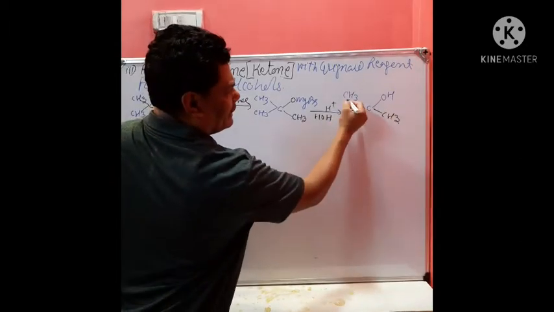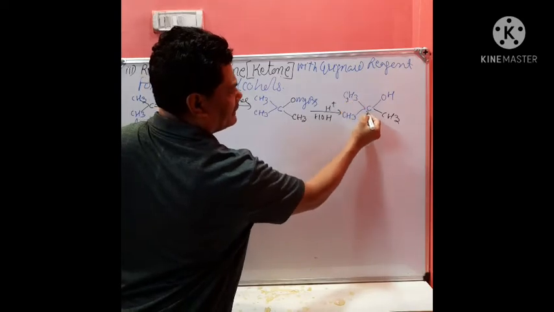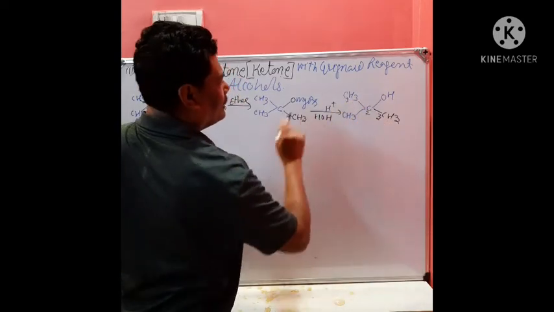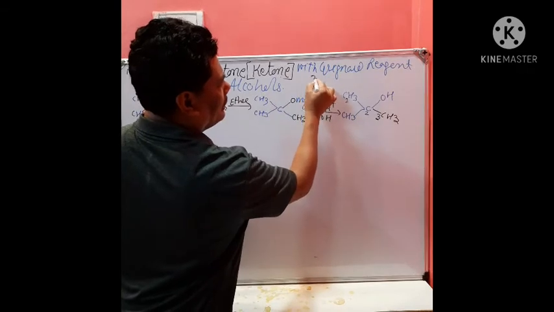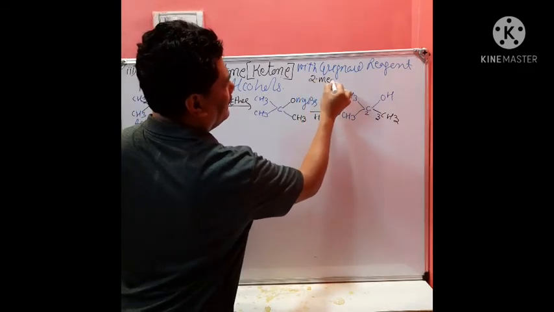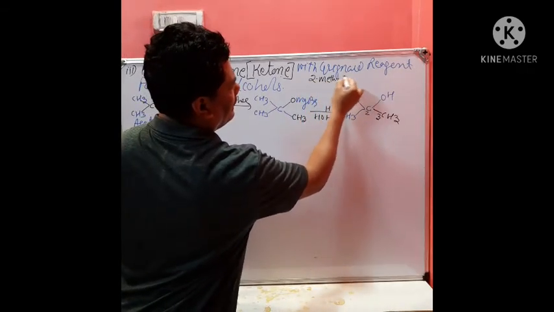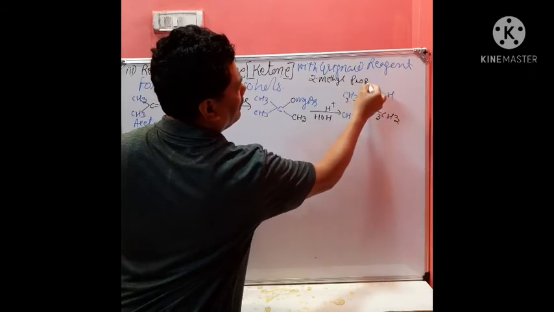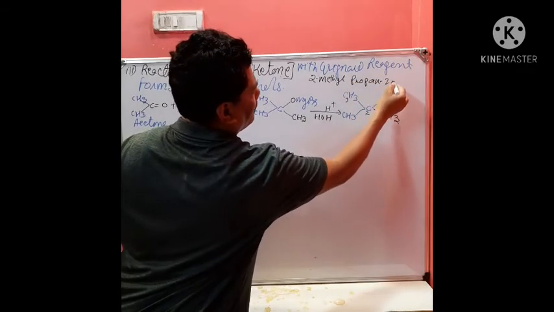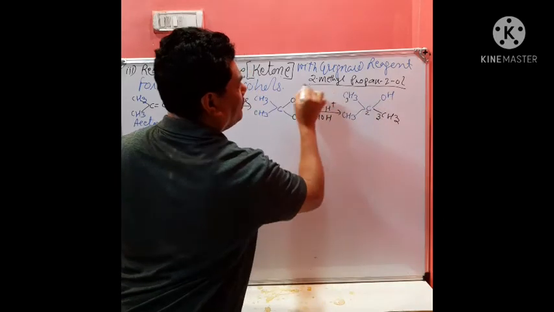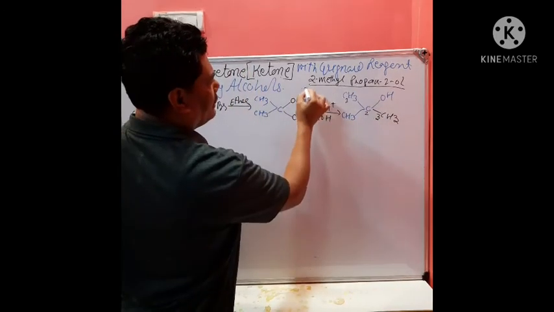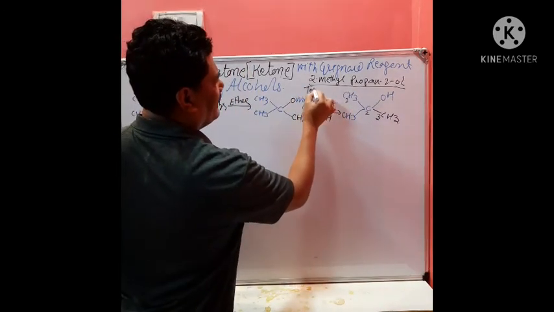You can number it: this is 1, this is 2, this is 3. So the compound becomes 2-methylpropan-2-ol. This is the final product, and this is also known as a tertiary alcohol.